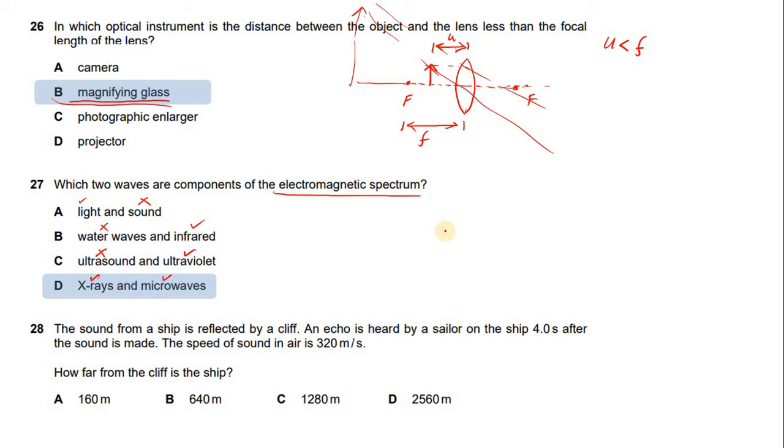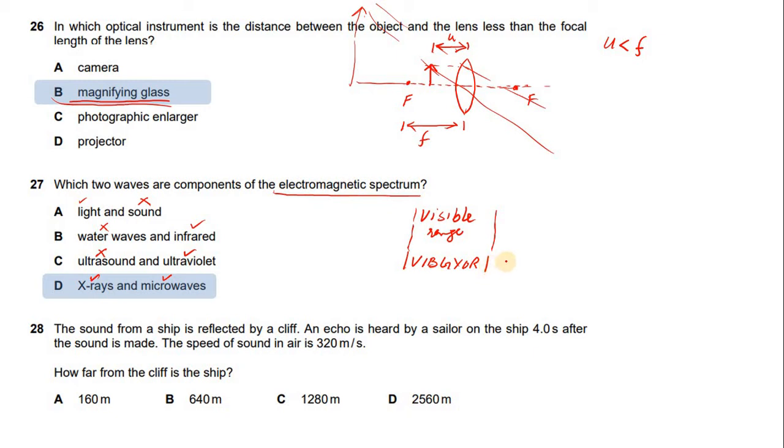It is good to draw or to memorize the order. So this is the visible range for humans, VIBGYOR. This is the light that we see.